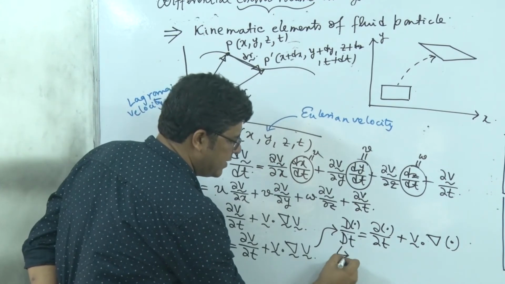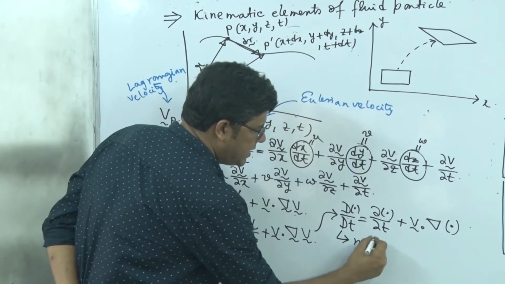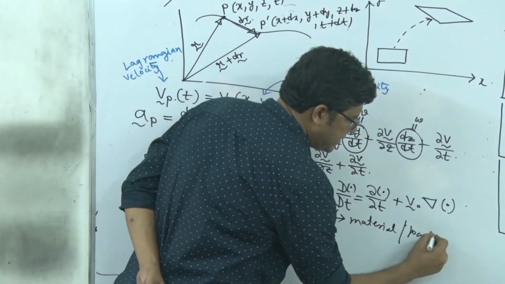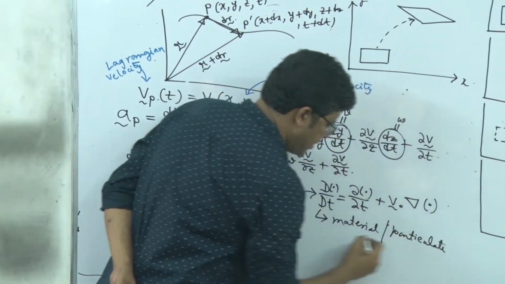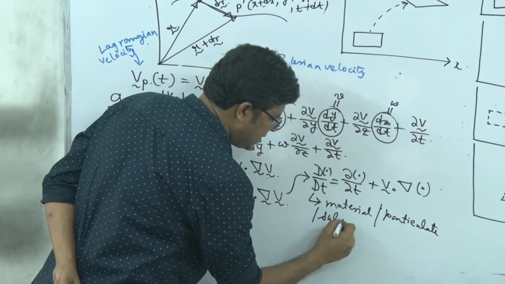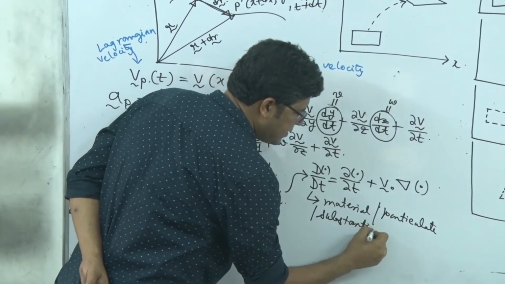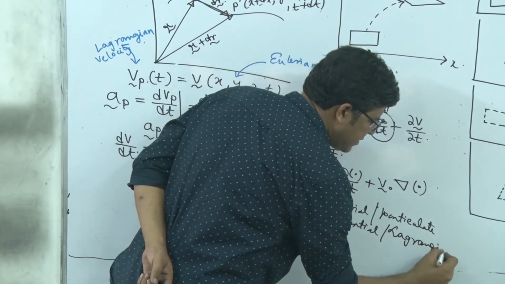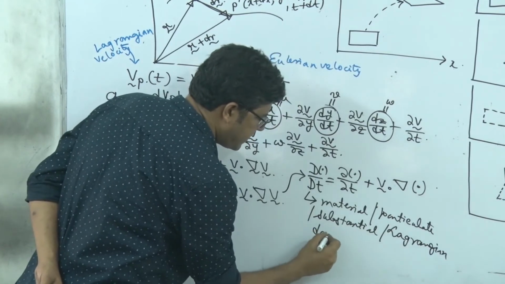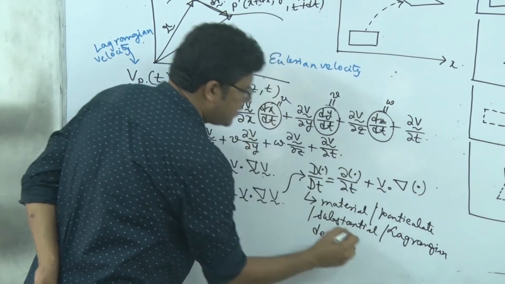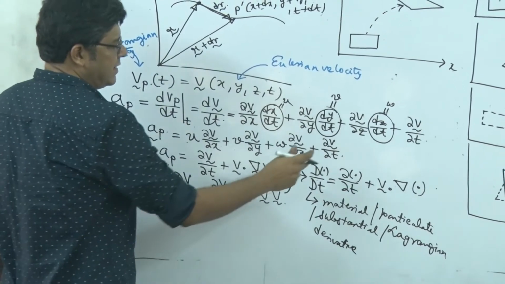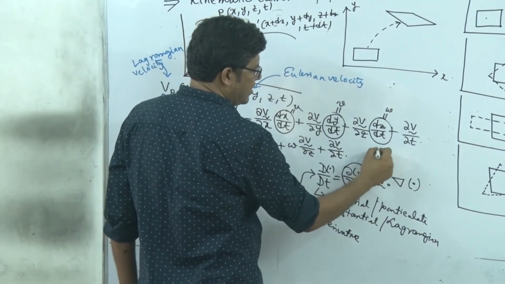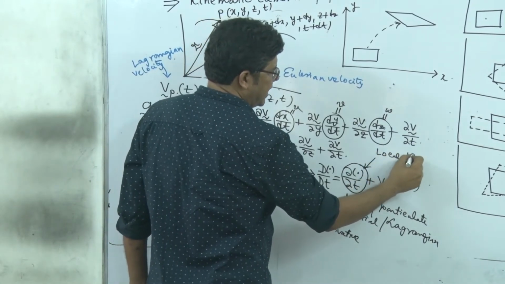So this capital D/Dt is called material or particulate or substantial or Lagrangian derivative, right? And del/del t is nothing but the local derivative or Eulerian derivative.